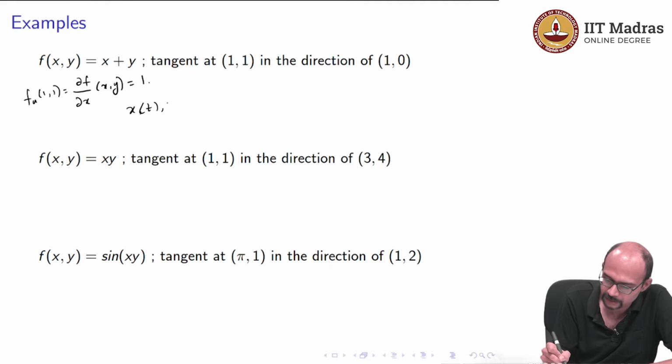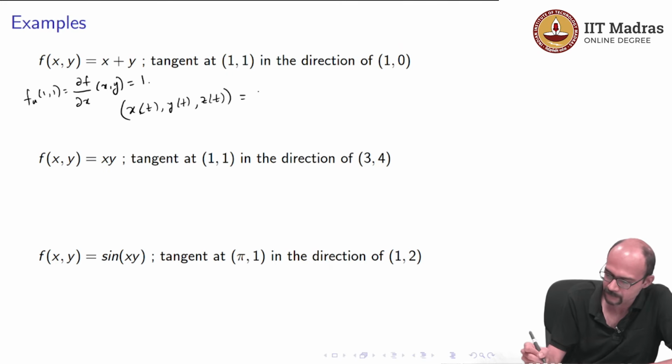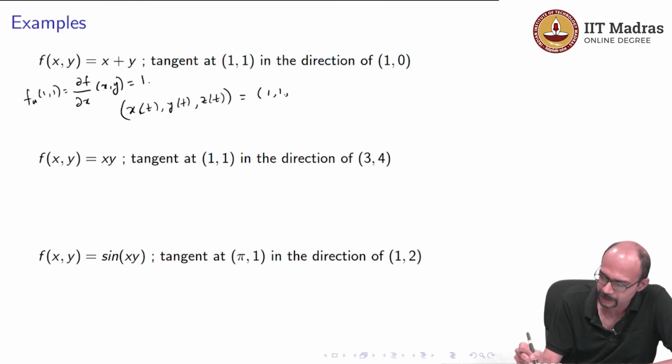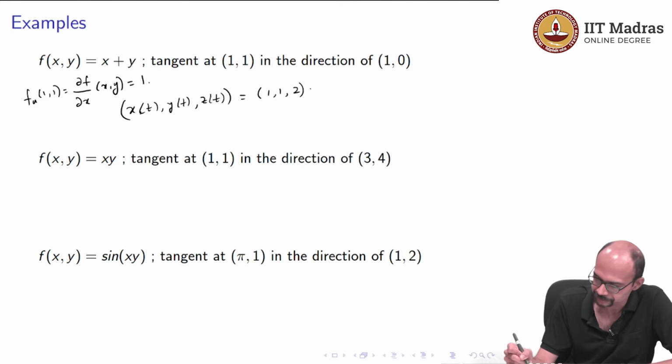So, in the vector form, (x(t), y(t), z(t)) is (a, b, f(a, b)). f(a, b) is 2, because a and b are 1 and 1 respectively, so f(1, 1) is 2, plus t times (u1, u2, f_u(a, b)). f_u(a, b) we have computed as 1.